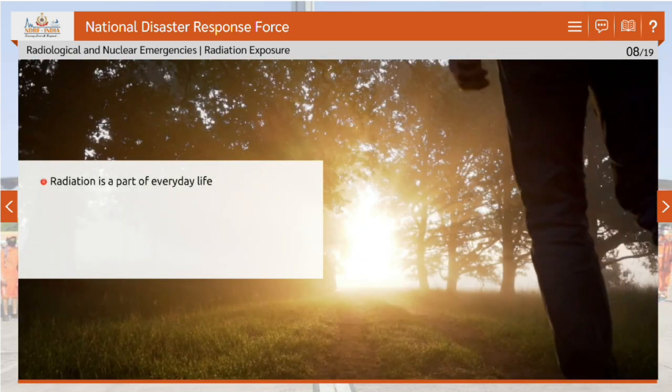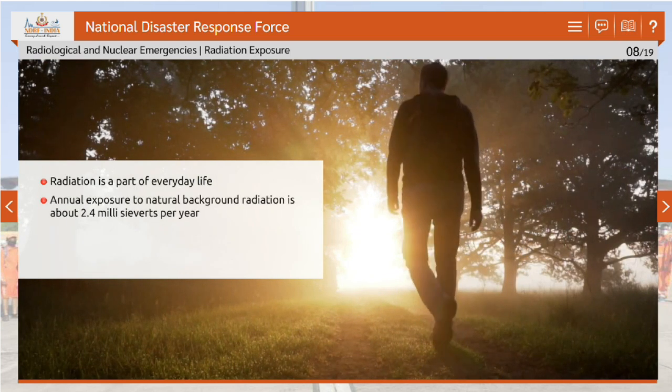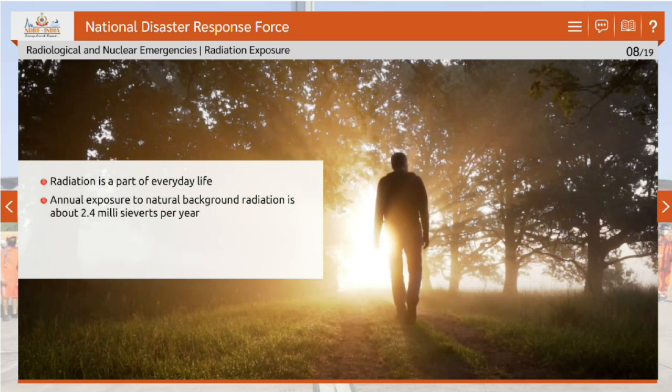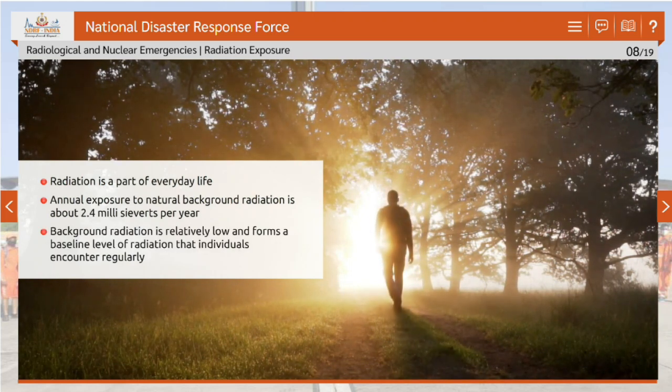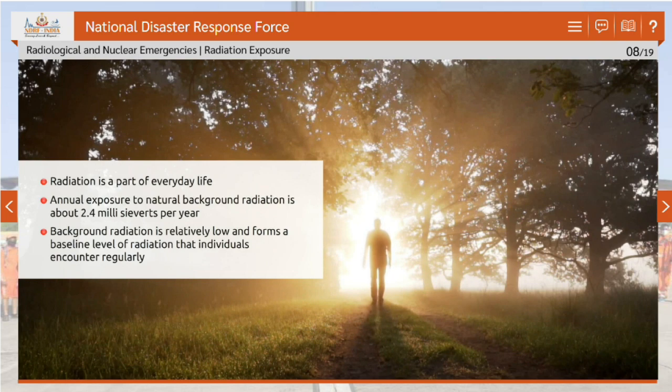This ambient radiation is a part of everyday life, and the typical annual exposure to natural background radiation is about 2.4 millisieverts per year. It is important to note that background radiation is relatively low and forms a baseline level of radiation that individuals encounter regularly.